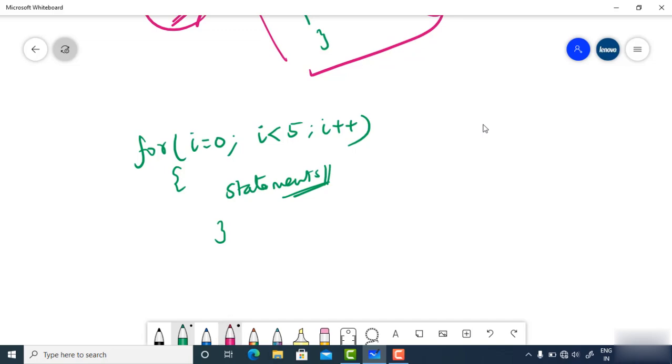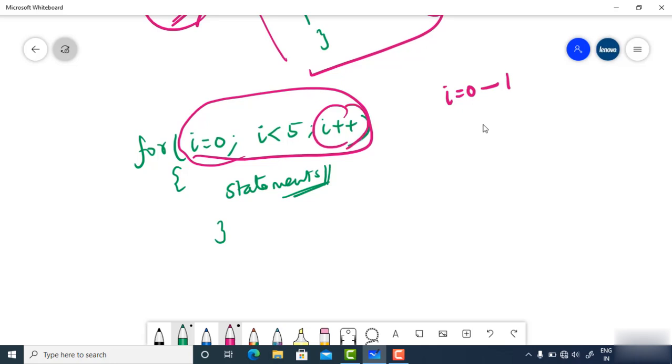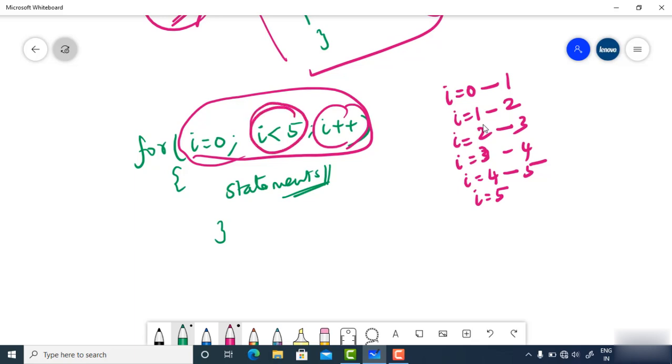Okay. So if somebody asks you how many times the for loop will execute, you can say that first iteration i equal to 0, one time, then I will increment, i equal to 1, two times, i equal to 2, third time, i equal to 3, fourth time, i equal to 4, 5 times, and when i goes to 5, it will only check this condition. 5 is lesser than 5, it is not true, so it will not execute the statements inside the for loop.